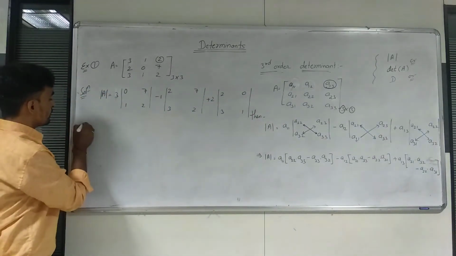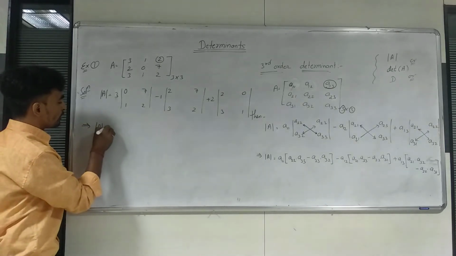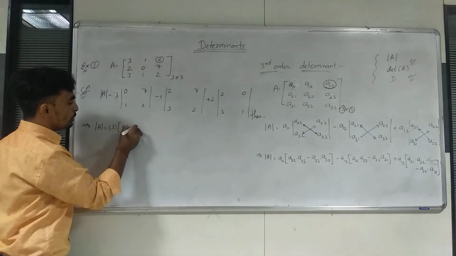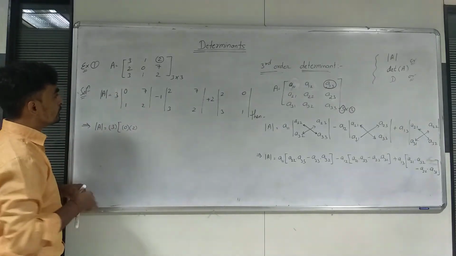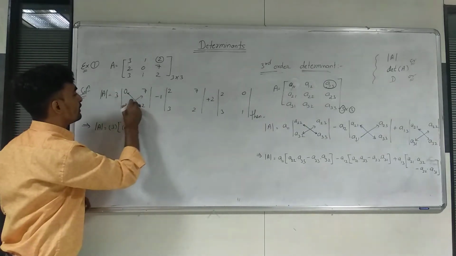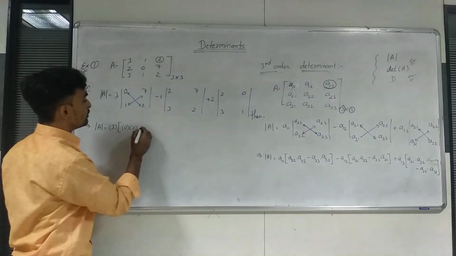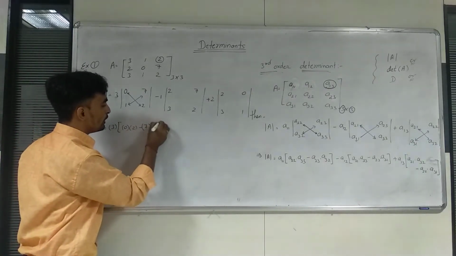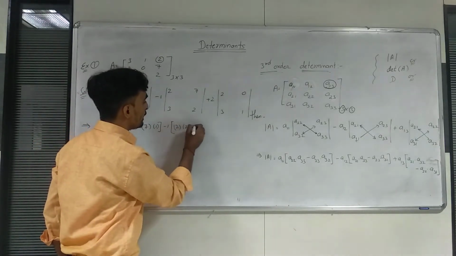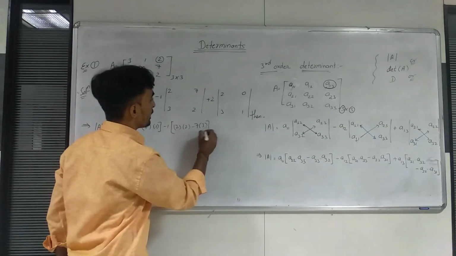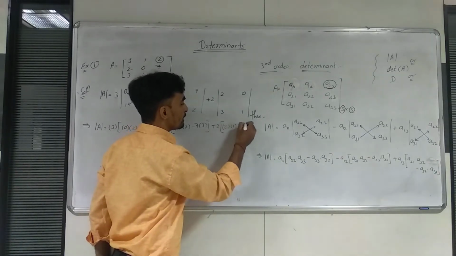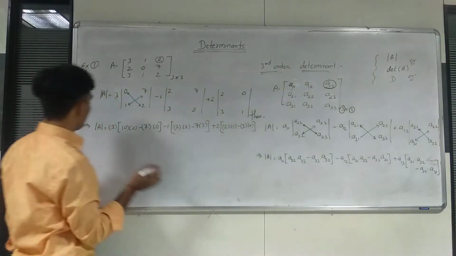Next step: determinant of A equals 3 into, in bracket, 0 into 2 minus 7 into 1, minus 1 as it is, into, again, 2 into 2 minus 7 into 3, bracket over, plus 2 into, again, 2 into 1 minus 3 into 0. Simplify this.